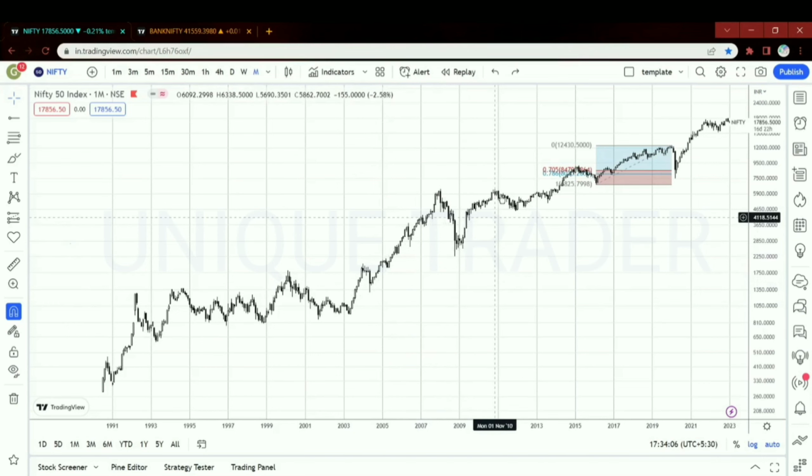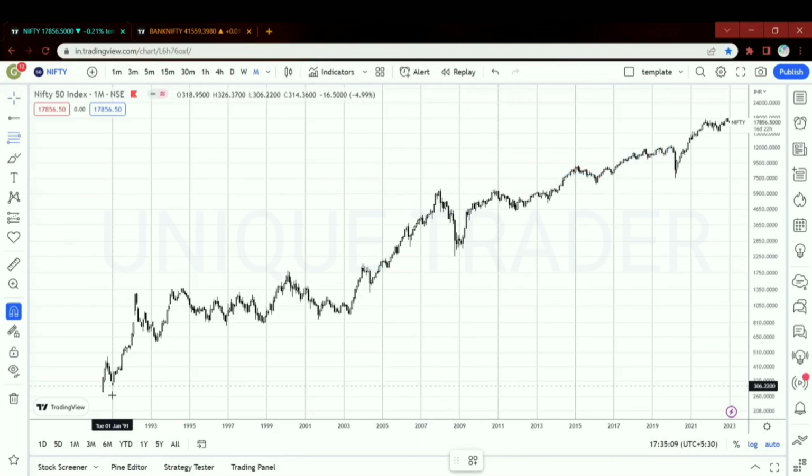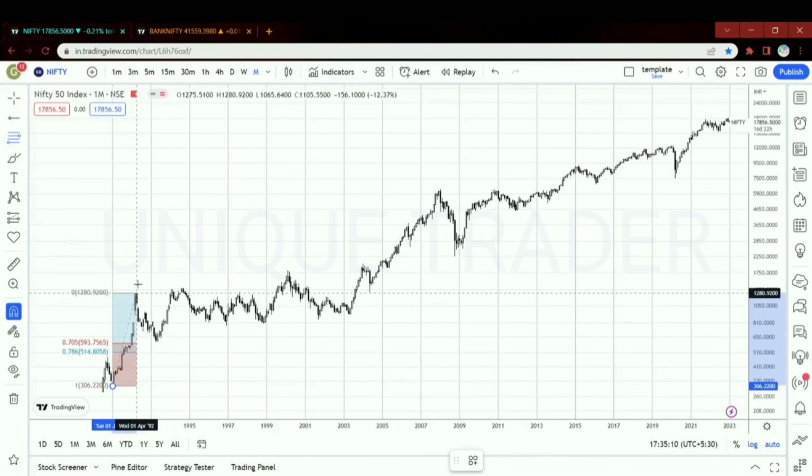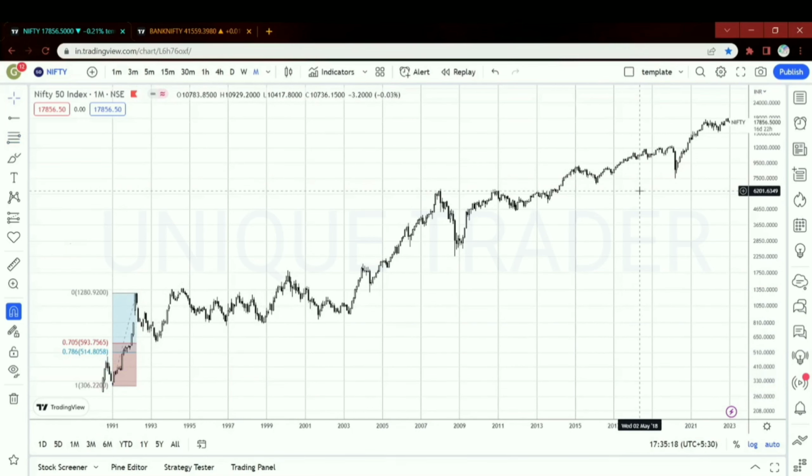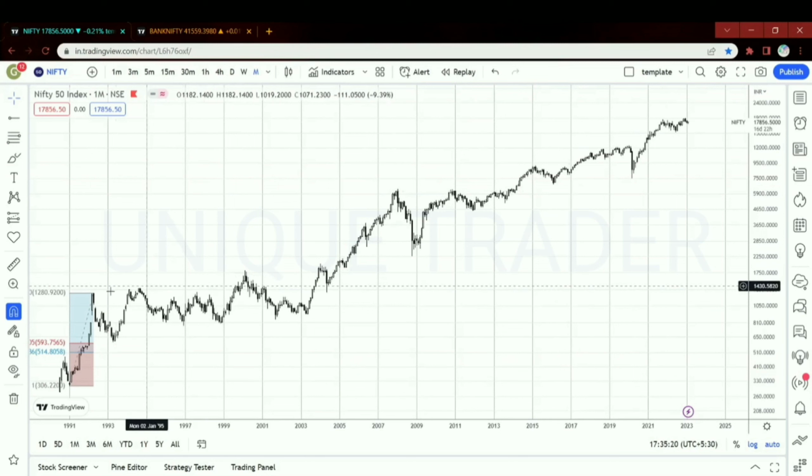So as we saw, the probability in this is to buy at the zone of 70 to 78.6 and wait for the price to go up. Let's now pull our fib to the most recent dynamic swing to see if we get a future investing opportunity or not.